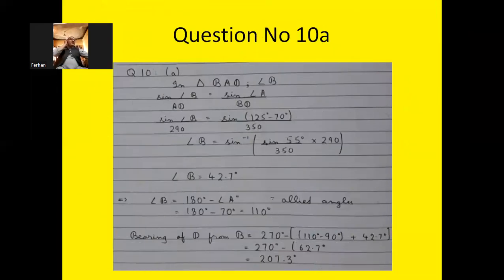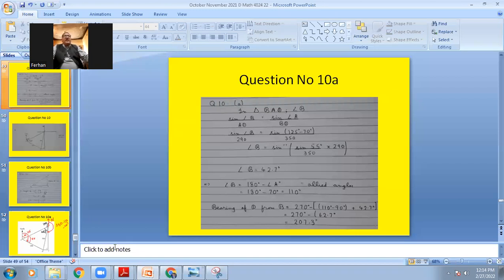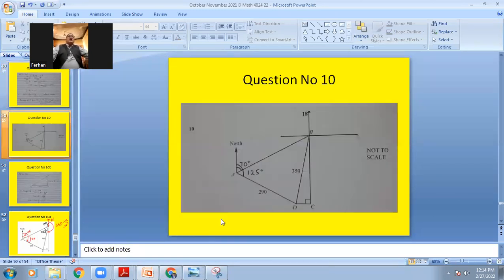Now, let me show you that one. By using the law of sine, we have found the value of B, that's 42.7. The allied angle with the 70 will be 110. So the bearing of D will be 207.